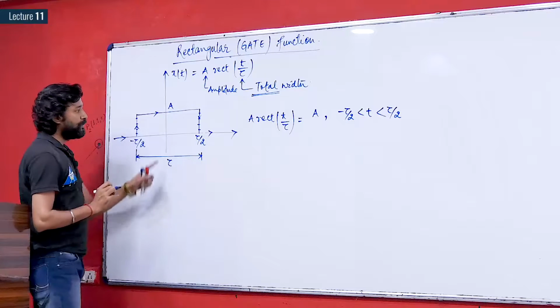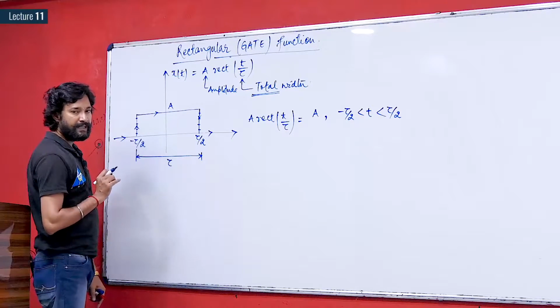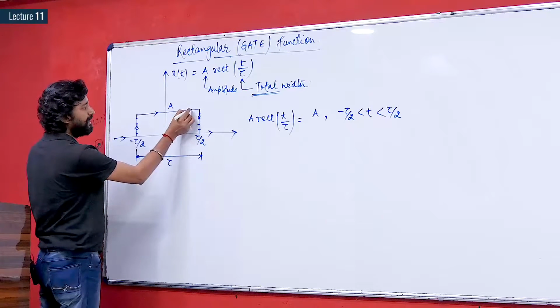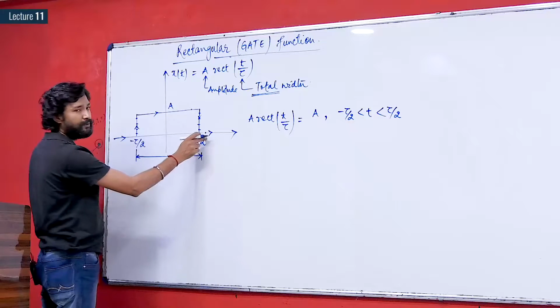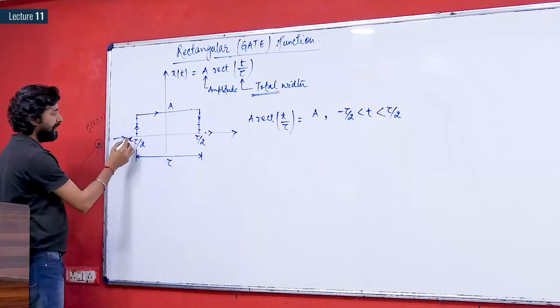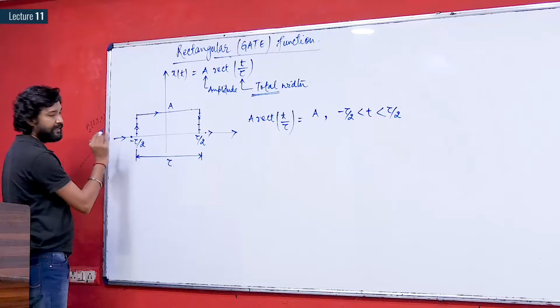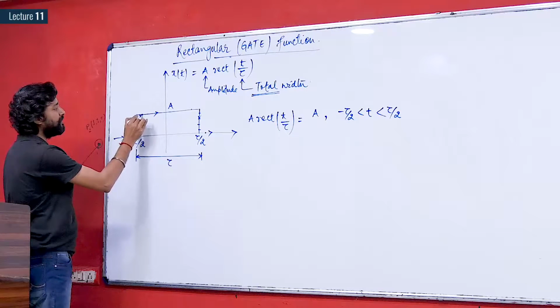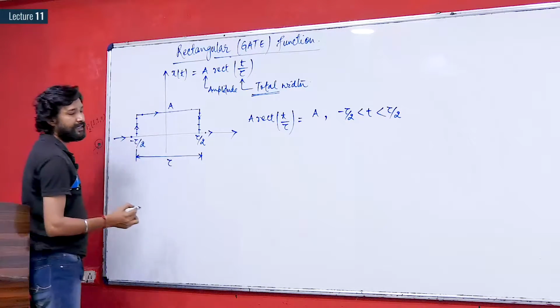If you want to define the values at the points of discontinuity, you can approximate the value as the average: the value a before the discontinuity and 0 after it, so a plus 0 by 2, that is a by 2. Similarly at t equals minus tau by 2, the value is 0 just before and a just after, so again the average is a plus 0 by 2, that is a by 2.